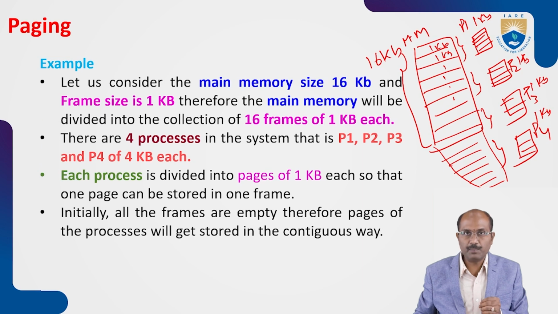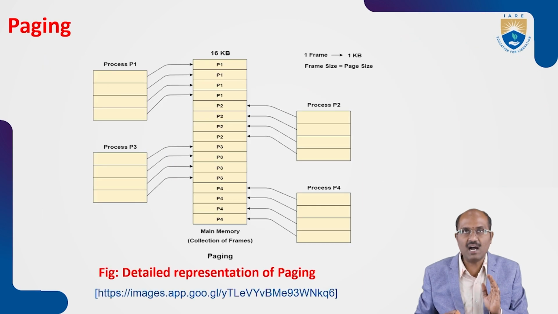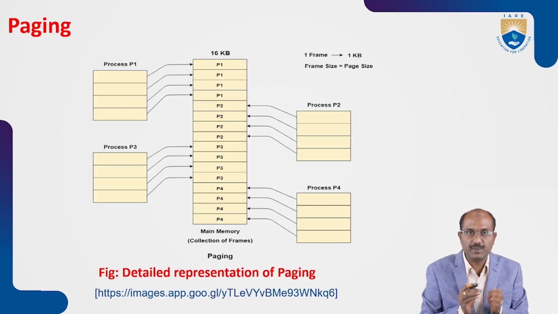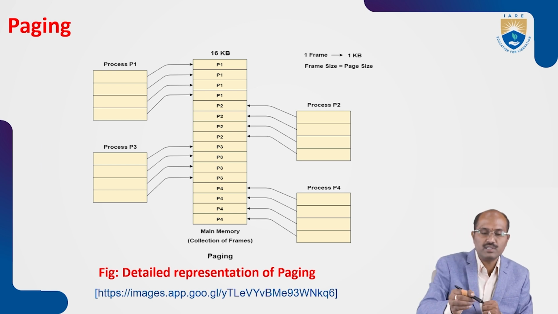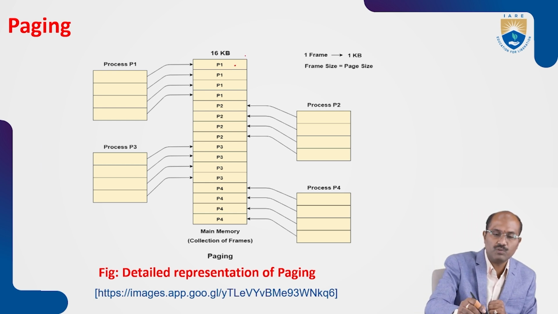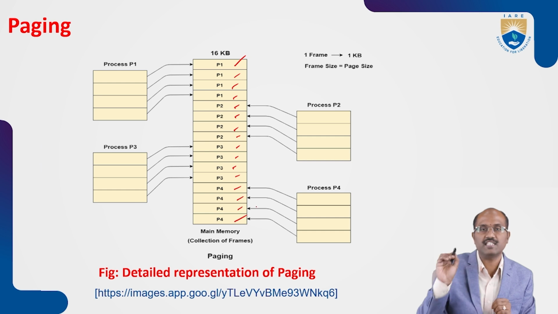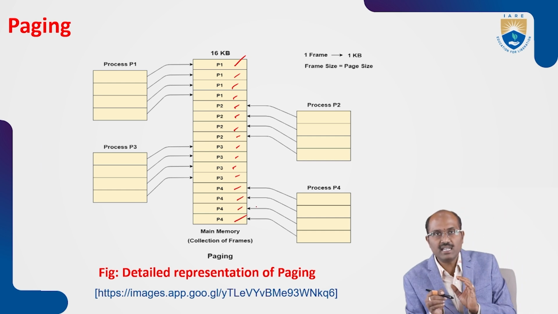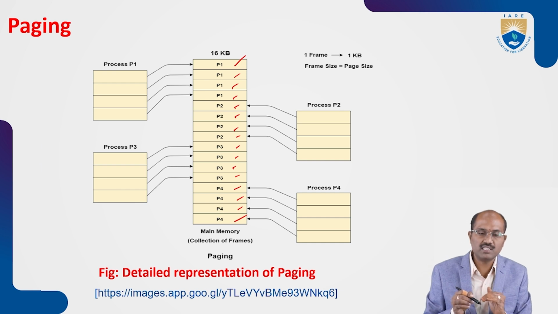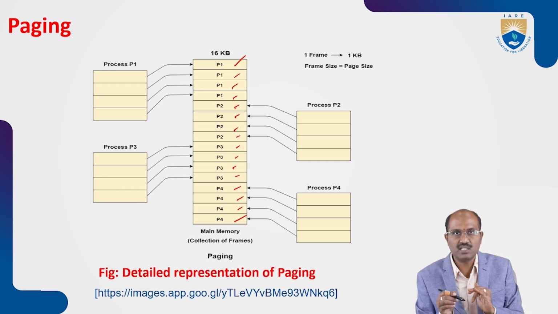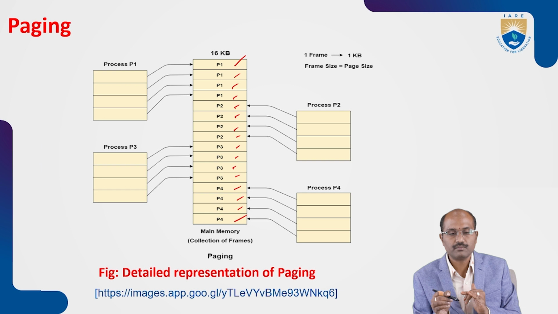Let me show the complete detailed diagram of processes P1, P2, P3, P4. The 16 KB of memory is divided into 16 partitions, 1, 2, 3, up to 16, and each partition is 1 KB.